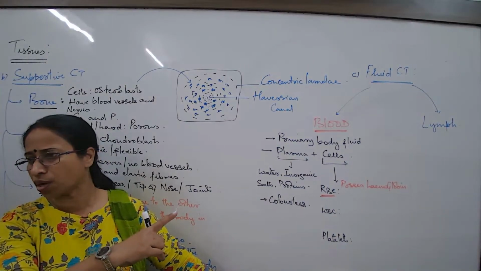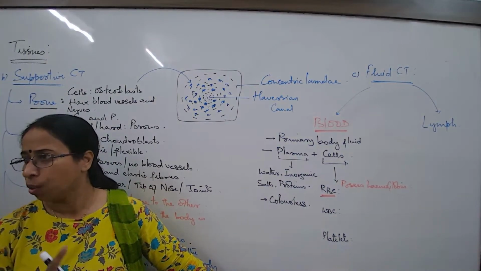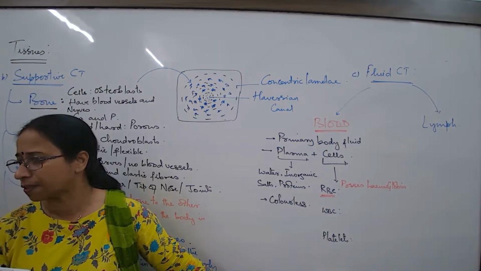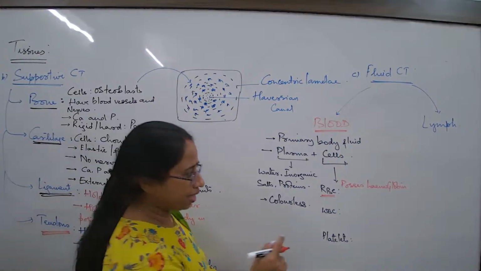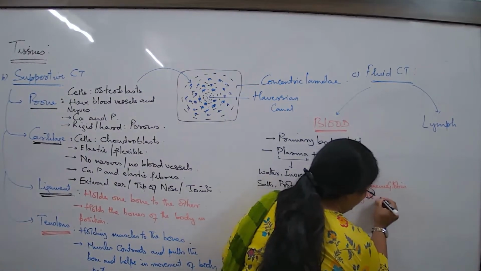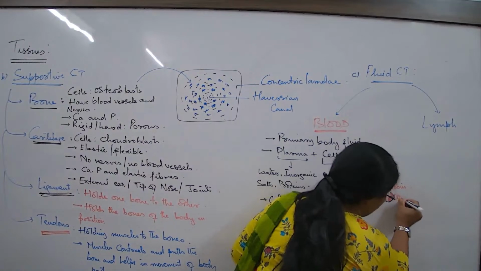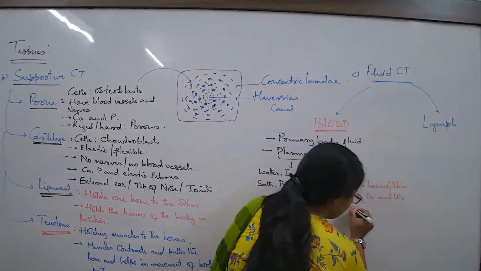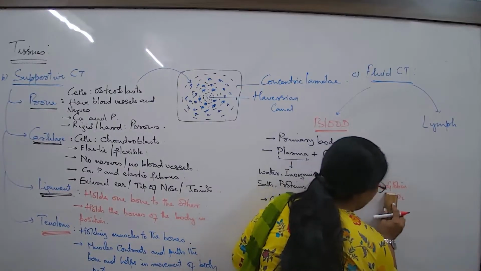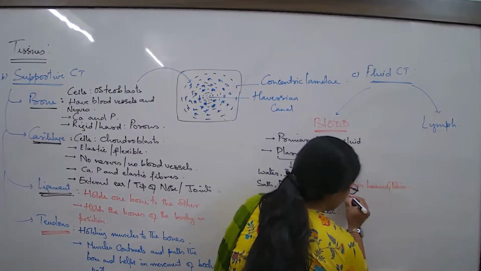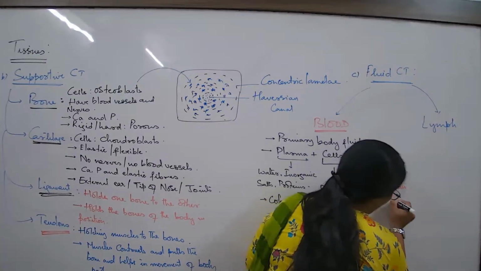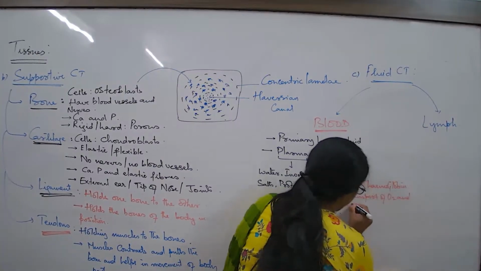Because of the presence of hemoglobin, a red color pigment present in the RBCs. What is the job of the RBCs? RBCs help in the transport of oxygen and carbon dioxide.